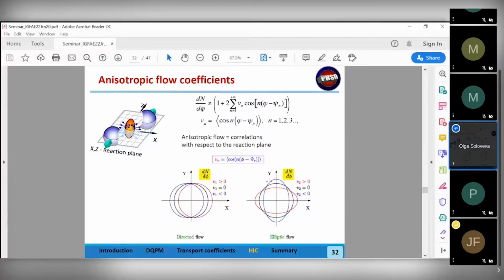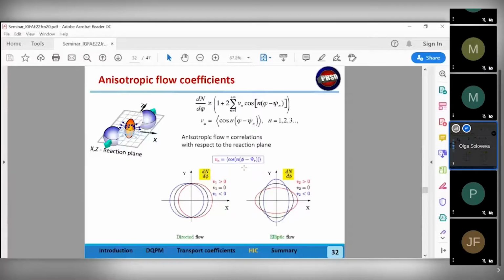So we will consider mostly the directed flow, the V1 coefficients, and the elliptic flow V2 coefficient. The advantage of a transport code is that you can trace back the history of the particle, and we can extract from which channel these particles come to the final stage.